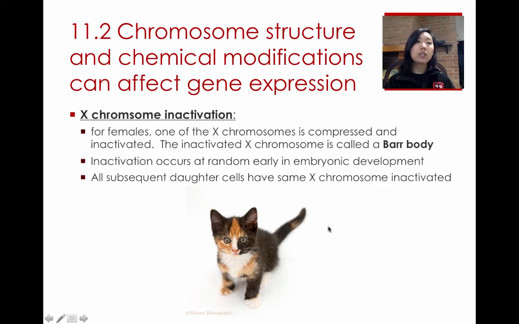Whenever that cell divides, the subsequent daughter cells will have the same X chromosome inactivated. And there's a picture here of a tortoiseshell cat because here some of the cells have one X inactivated, which leads to expression of orange coat, but in the other cells, the other X chromosome is inactivated, leading to black color.